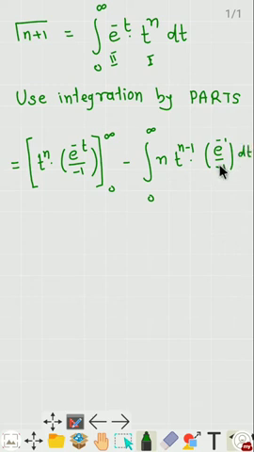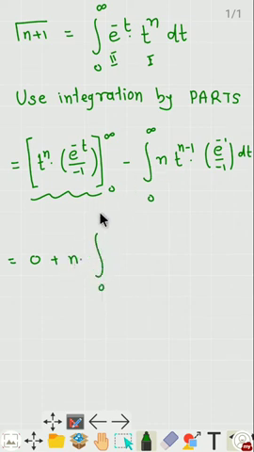Okay, so it is equal to, the value of this term is 0. This minus and this minus becomes plus, and n is a constant, take it outside.